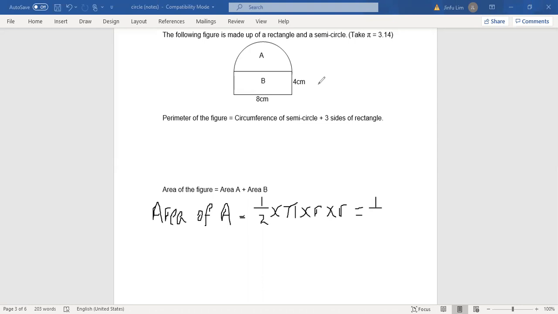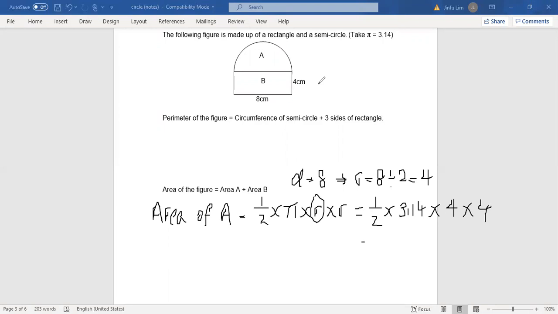Pi over here is given by 3.14 times the radius. Since just now we said that the diameter is 8, therefore radius will be 8 divided by 2, which is 4. So that means the radius here is 4. So after calculating, you should get 25.12 cm square.